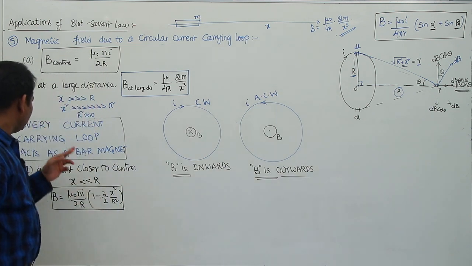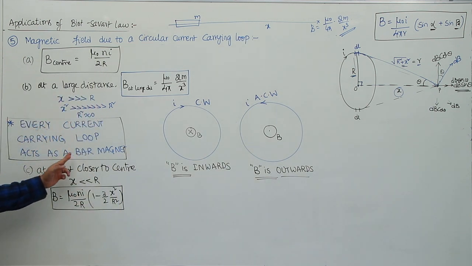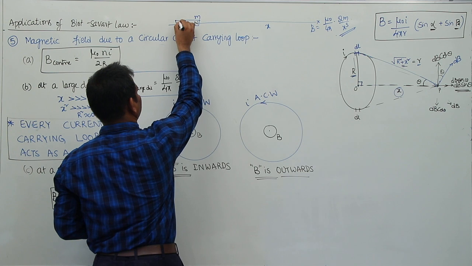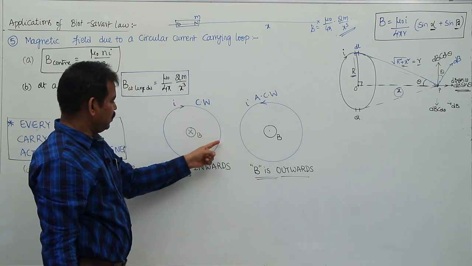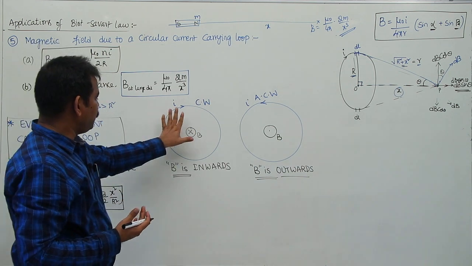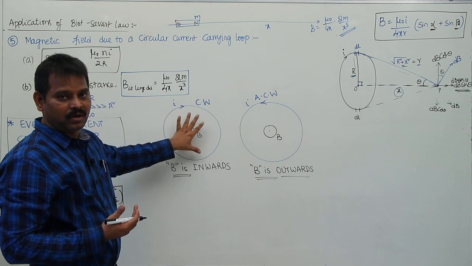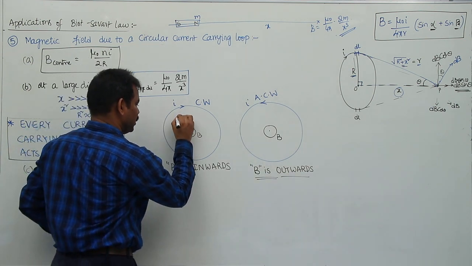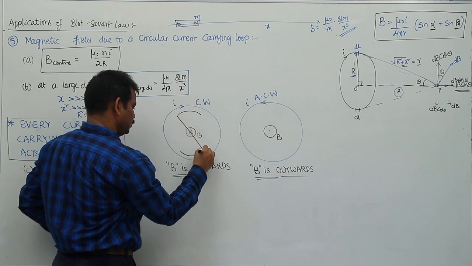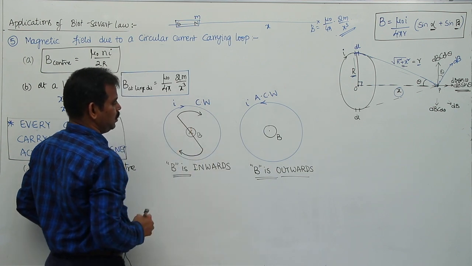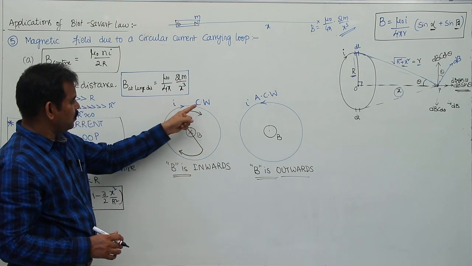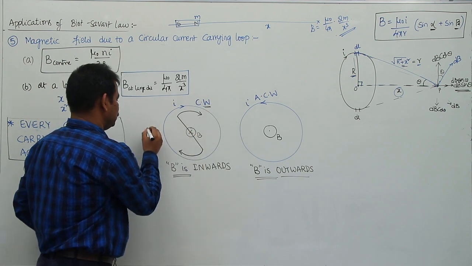Now, as we said, every current carrying loop acts as a bar magnet. A bar magnet will have two poles, one is the north pole and the other is the south pole. Here, a current carrying conductor is carrying current in the clockwise direction. If you watch from this side, does the face of this coil act as a north pole or south pole? Here the current is moving in this direction, so the current carrying coil carrying current in clockwise direction acts as a south pole.